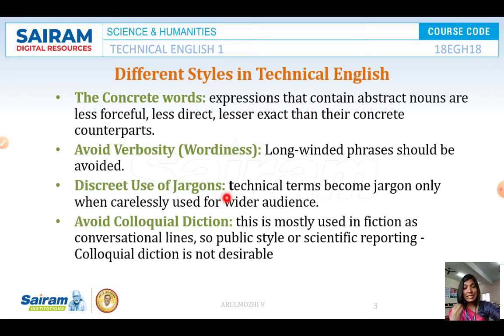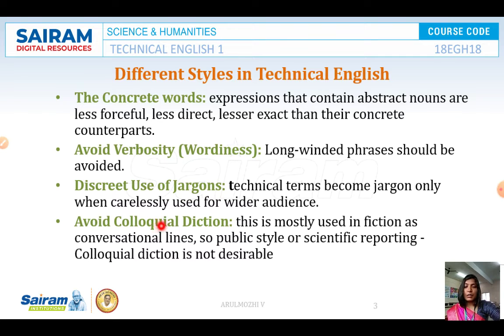So you should be very discreet in using jargon, in where to use it and to whom it should be taught. Technical terms become jargon only when they are carelessly used for a wider audience.